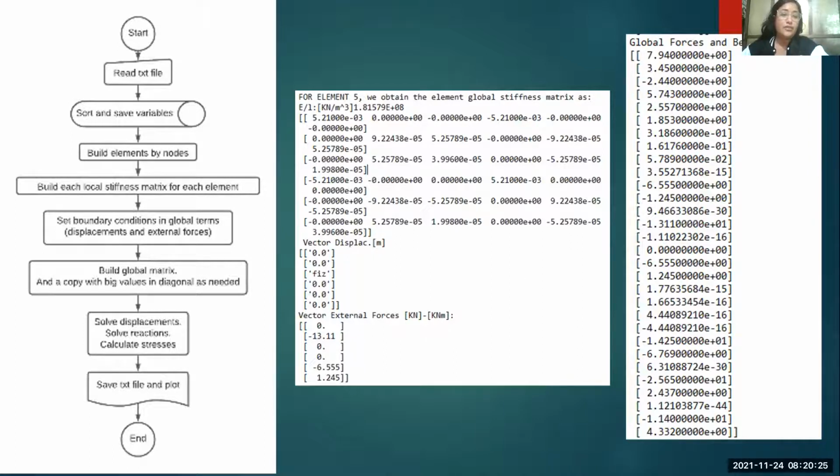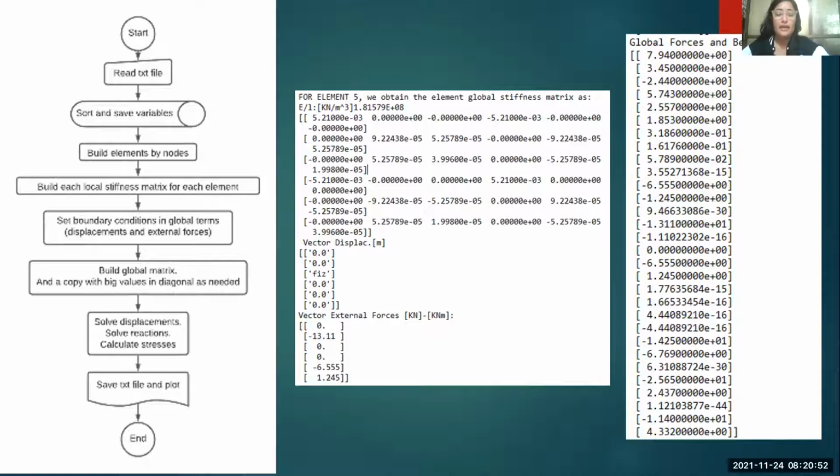The boundary conditions are sorted in global terms to find the global displacement and then the local displacement. The global matrix is modified with a big value on the diagonal, then we solve displacement, solve reactions, and calculate stress.